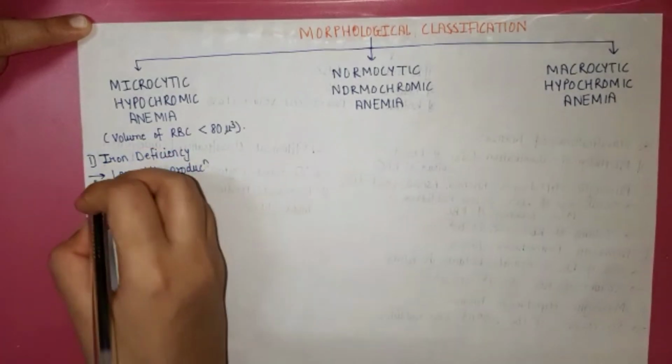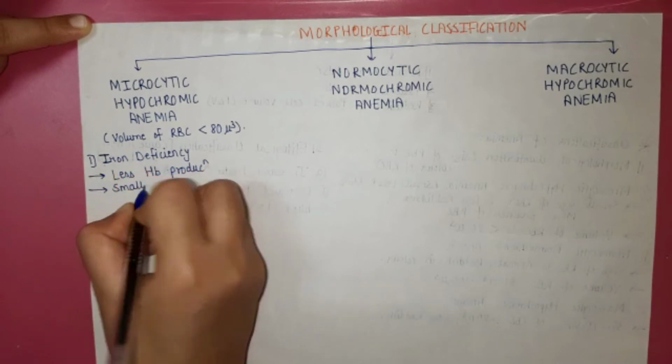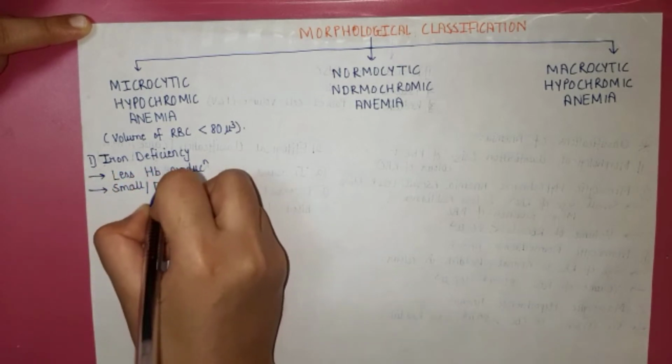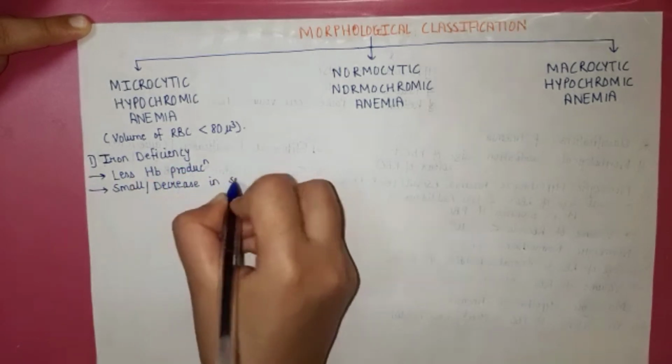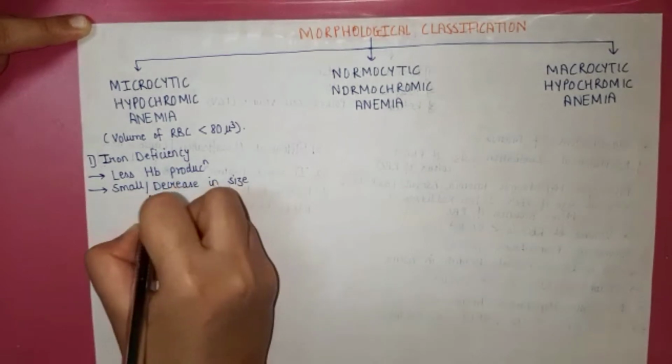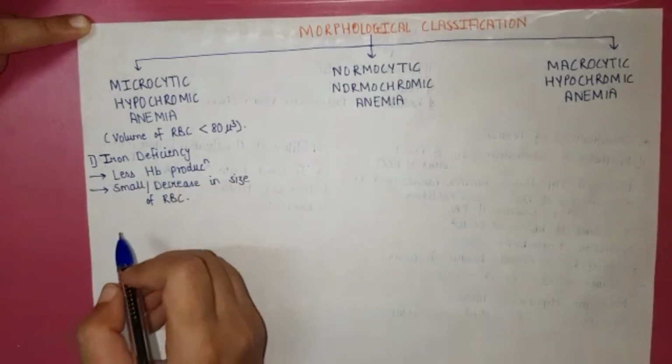So if less hemoglobin is produced, it will cause a decrease in size of RBCs. So iron deficiency is a major cause.